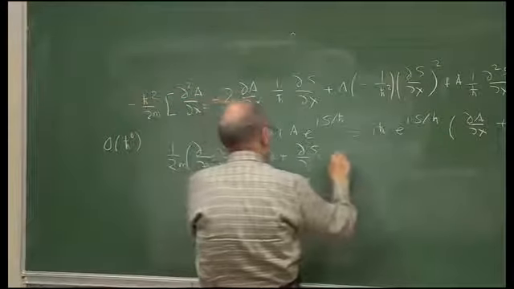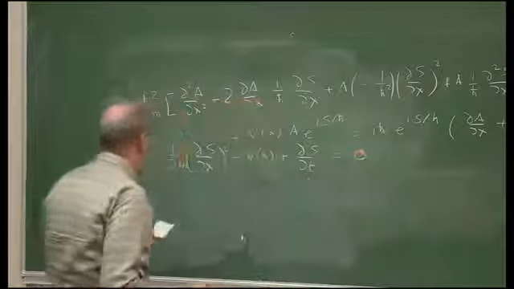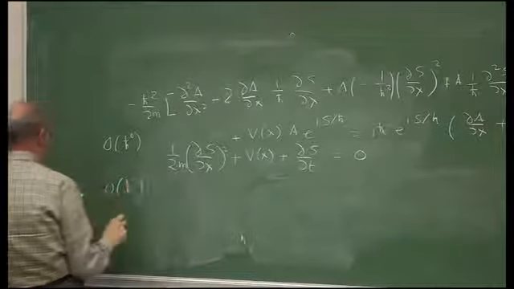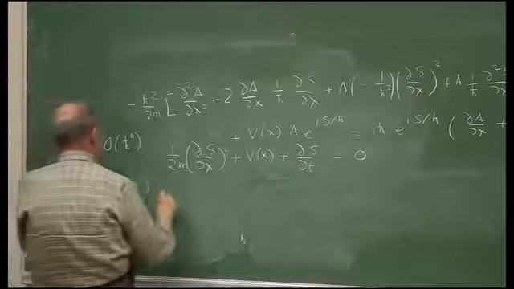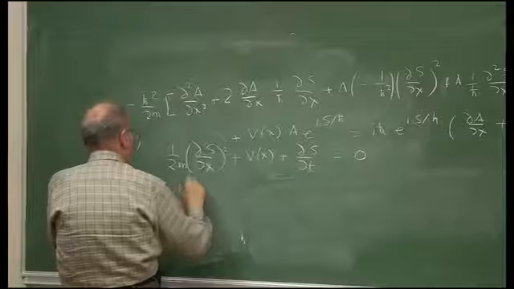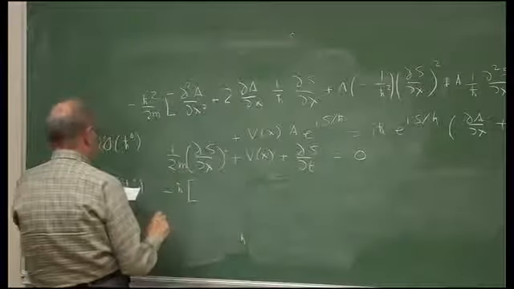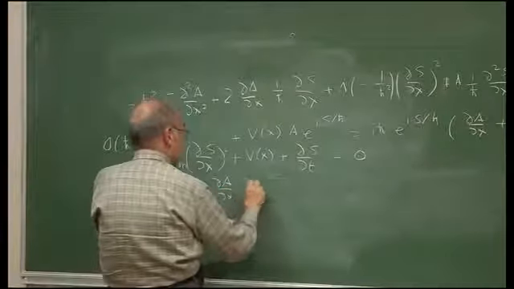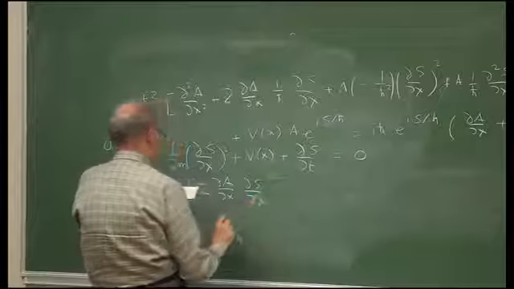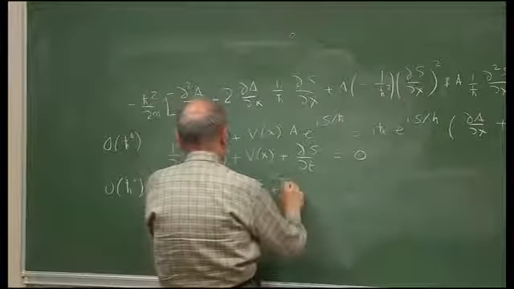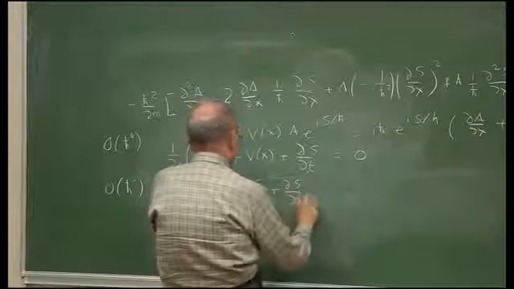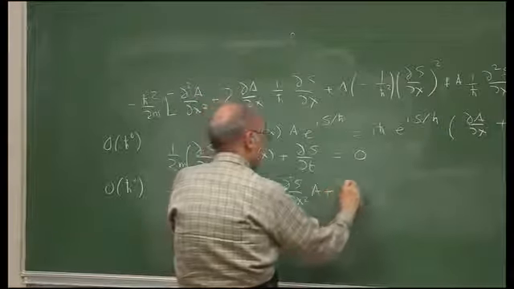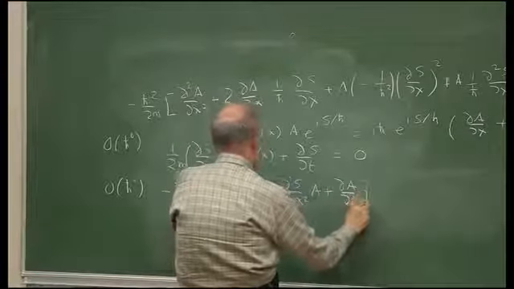Order h bar to the 1 will be minus h bar times 2 dA over dx dS over dx plus d squared S by dx squared times A plus dA by dt.